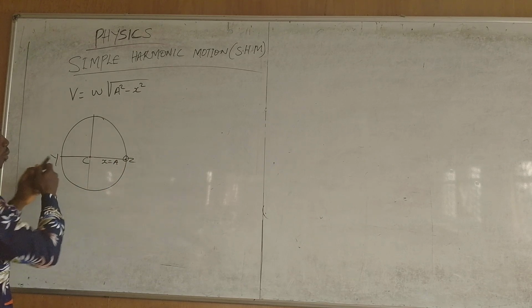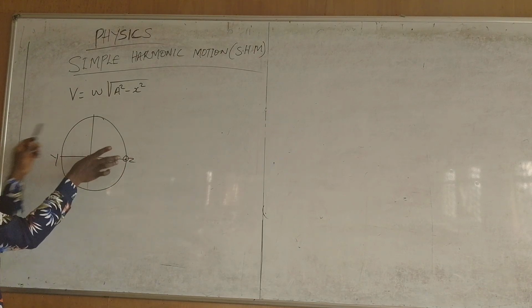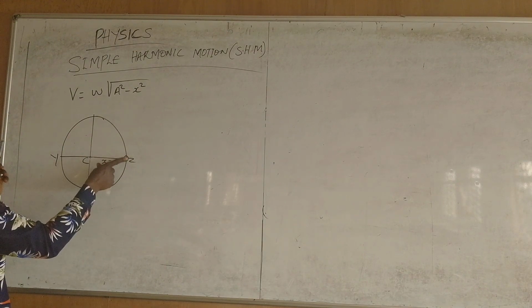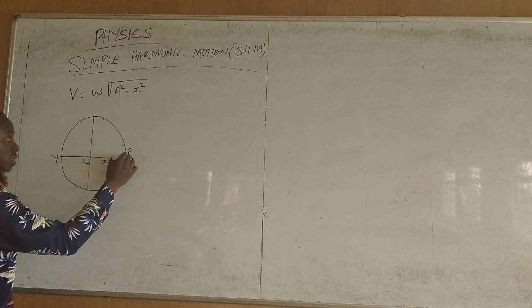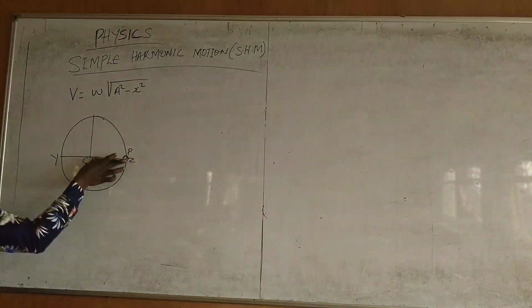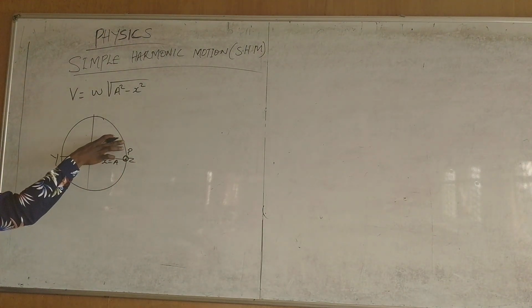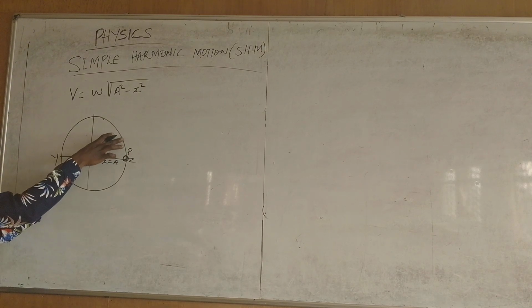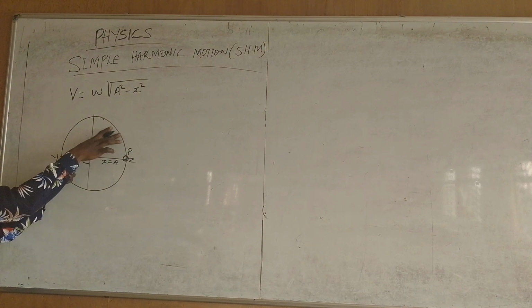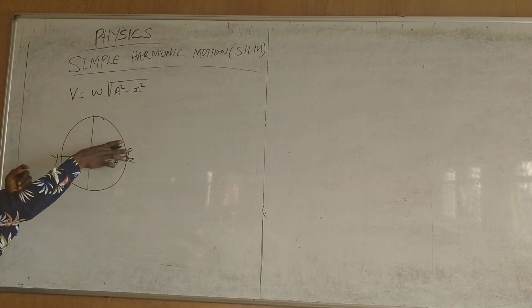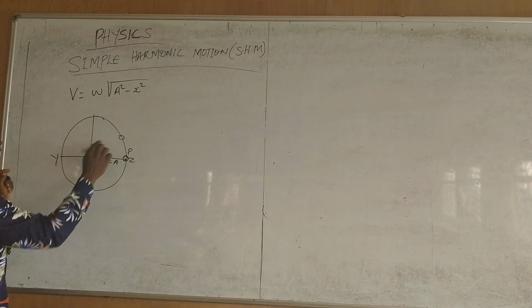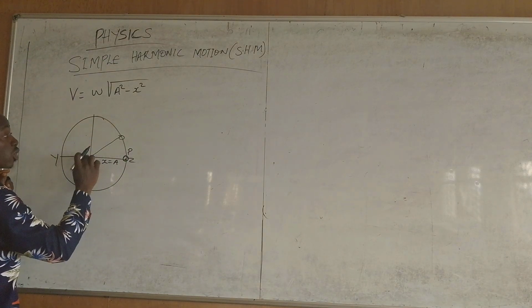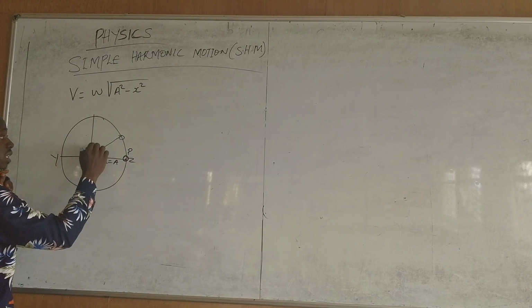Isn't it? Now hope you know that if I'm to rotate this particle now, let me call this particle P, this bulb now, this particle P, if I'm to rotate it along this circle, the length from the center is always going to be equal to the radius of the circle, isn't it? If it is here, it is still A, but I can't call this one x anyway, but it's A, right?